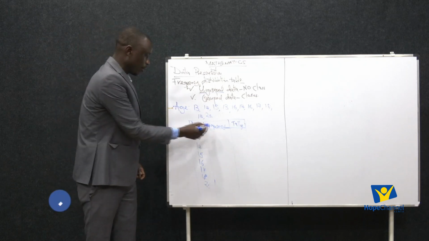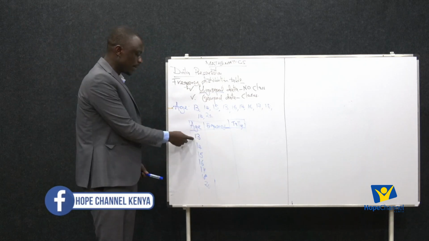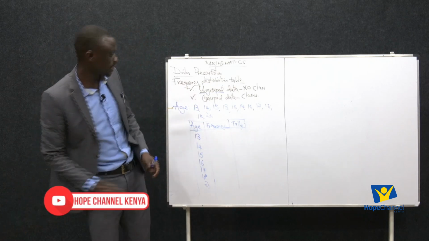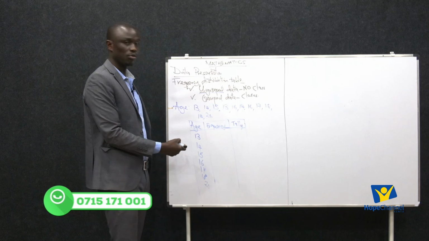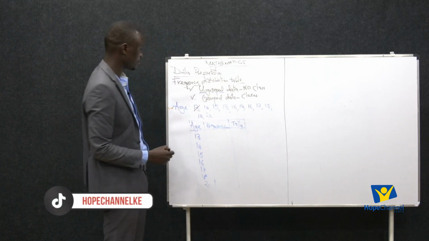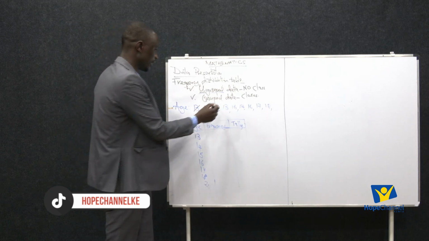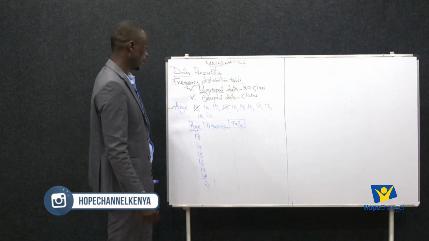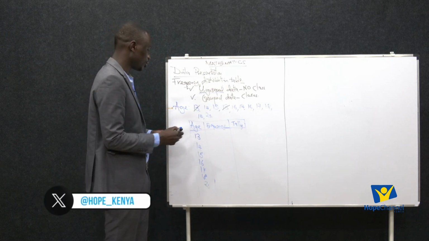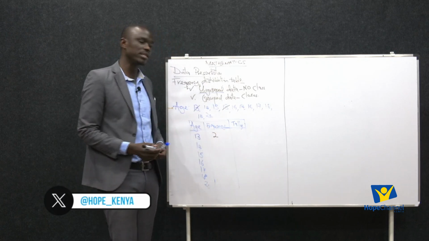So for frequency in this case, how many times is 13 appearing? Let me use a different ink to show this. We will just be counting manually. This is 1, this is 2. So the frequency is 2.